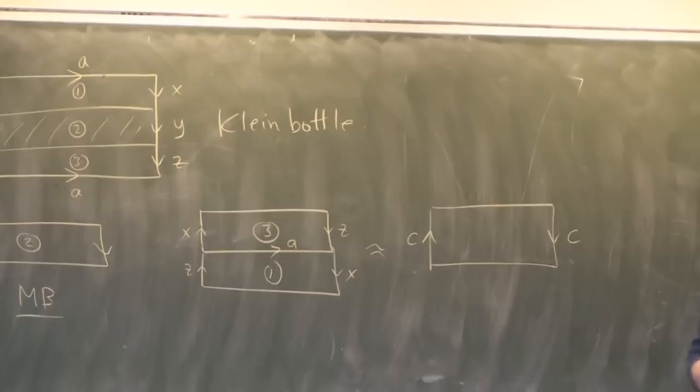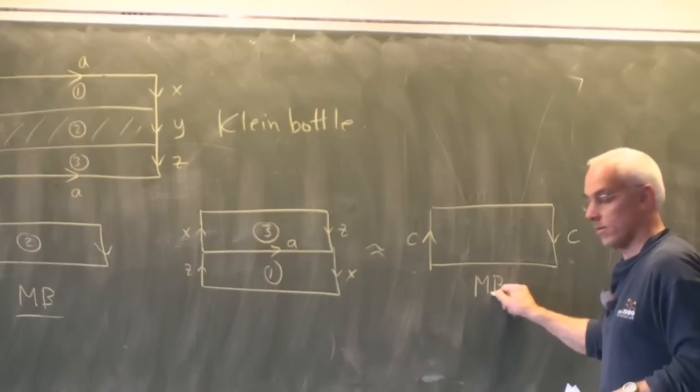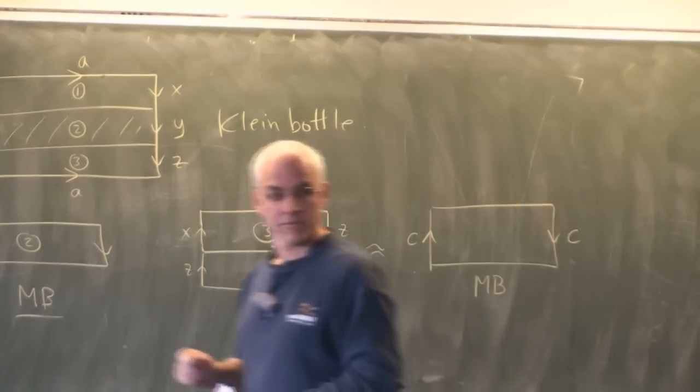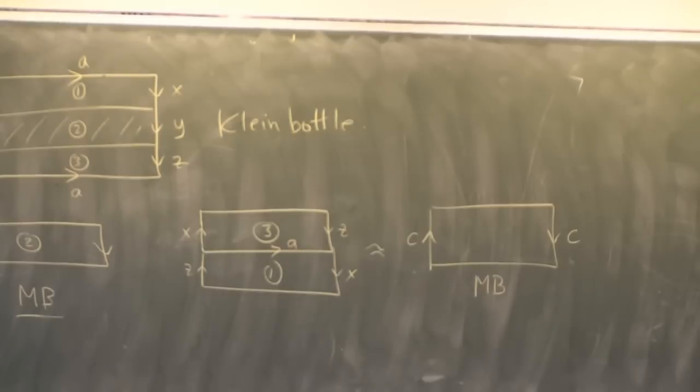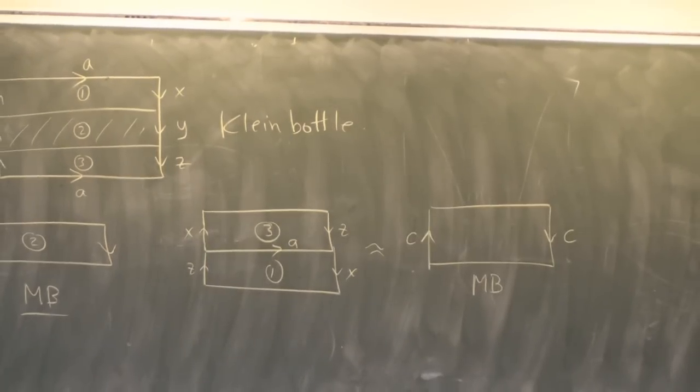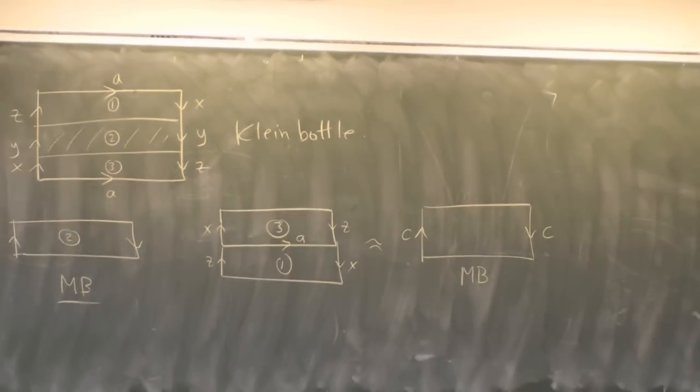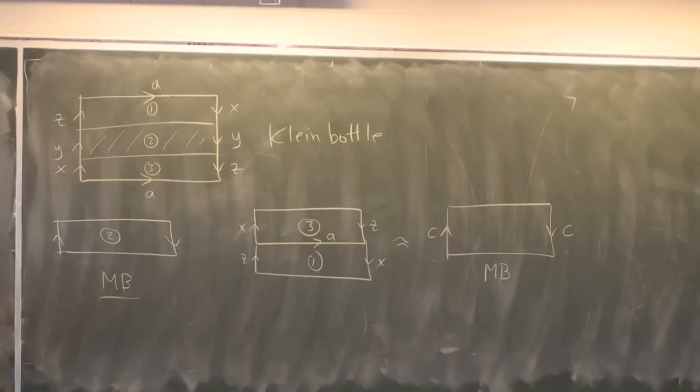So that's also C in the opposite direction. And that's also a Mobius band. So we've cut up our Klein bottle into 2 Mobius bands. Okay, and that's actually a closed surface, the Klein bottle, right? It has no boundary, because we've glued all the boundaries together.